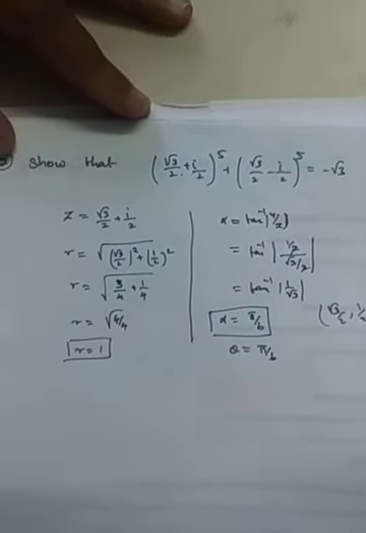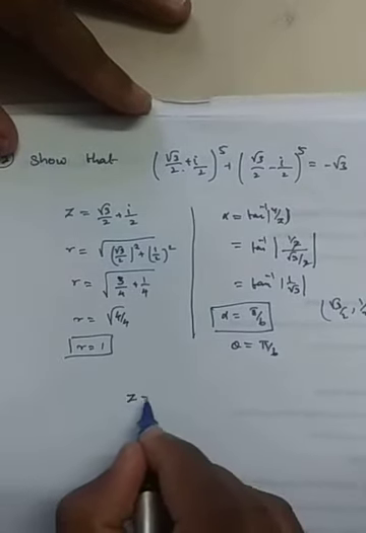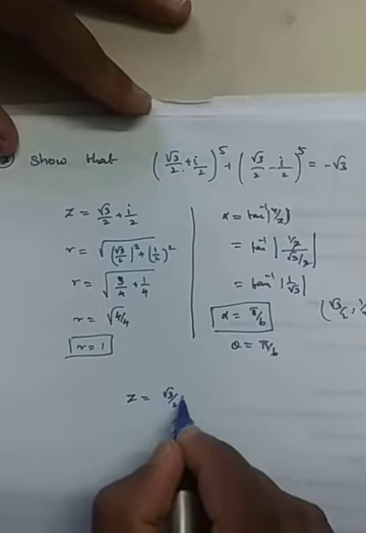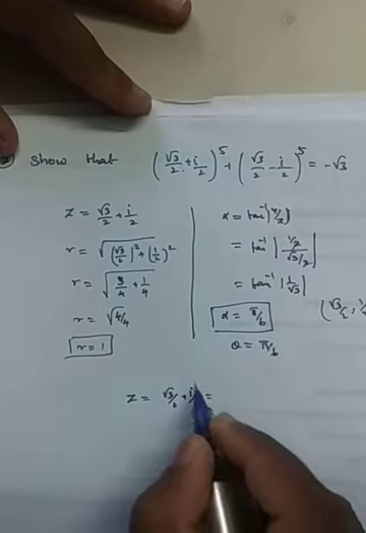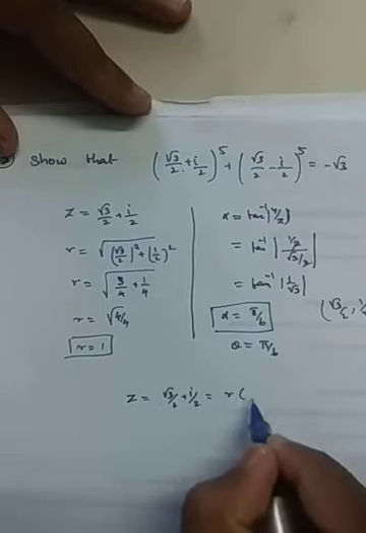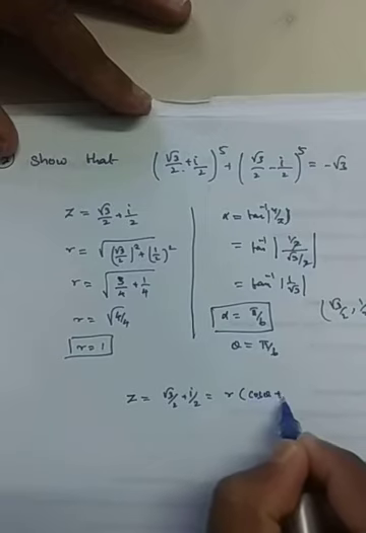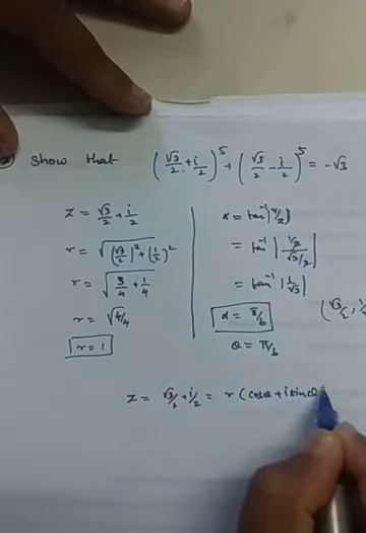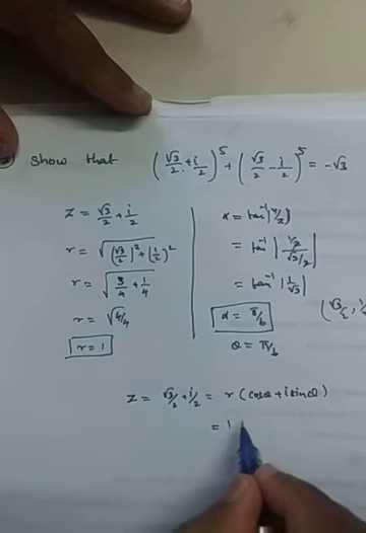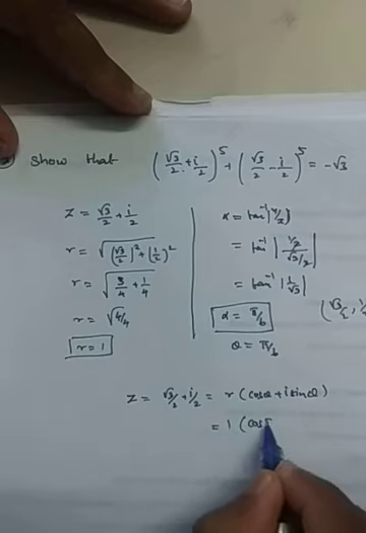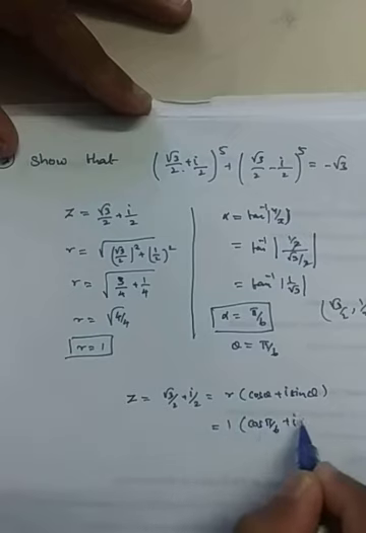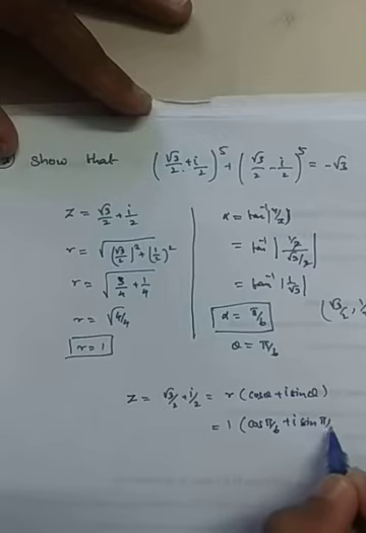So now we can write z equals, root 3 by 2 plus i by 2 value is what we are getting, r cos theta plus i sin theta. Here r value is 1, so 1. Here cos theta is cos pi by 6 plus i sin pi by 6. So this is the value of z we can take.